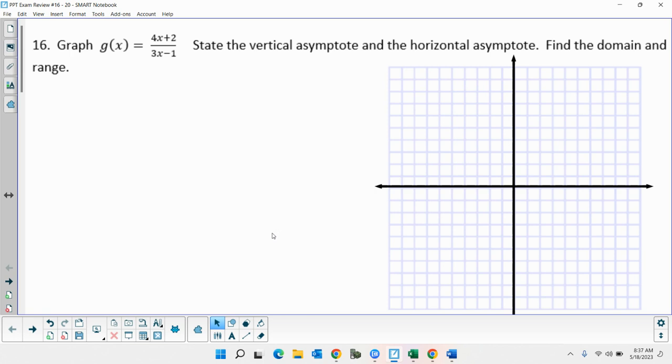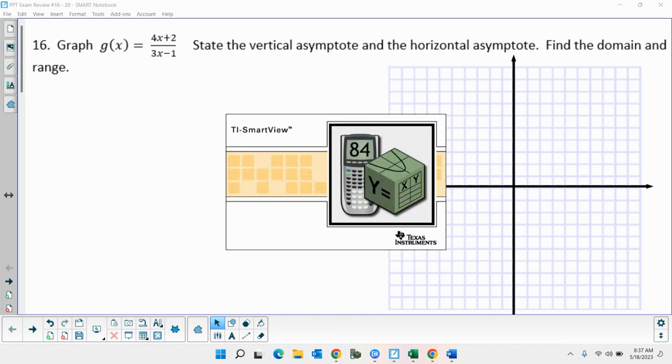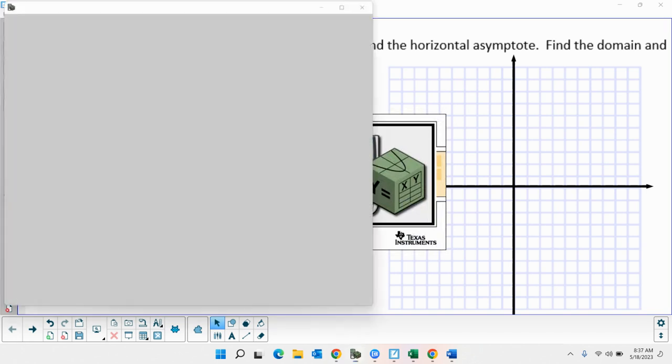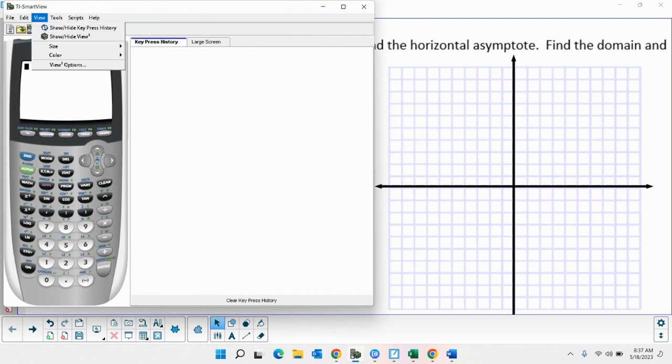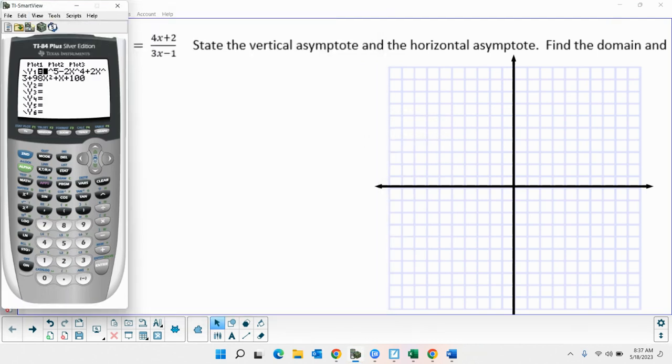Now it'll work. All right, hit your y equals to graph it, and put it in parentheses. It will show like it's supposed to then, the top and the bottom, numerator and denominator.